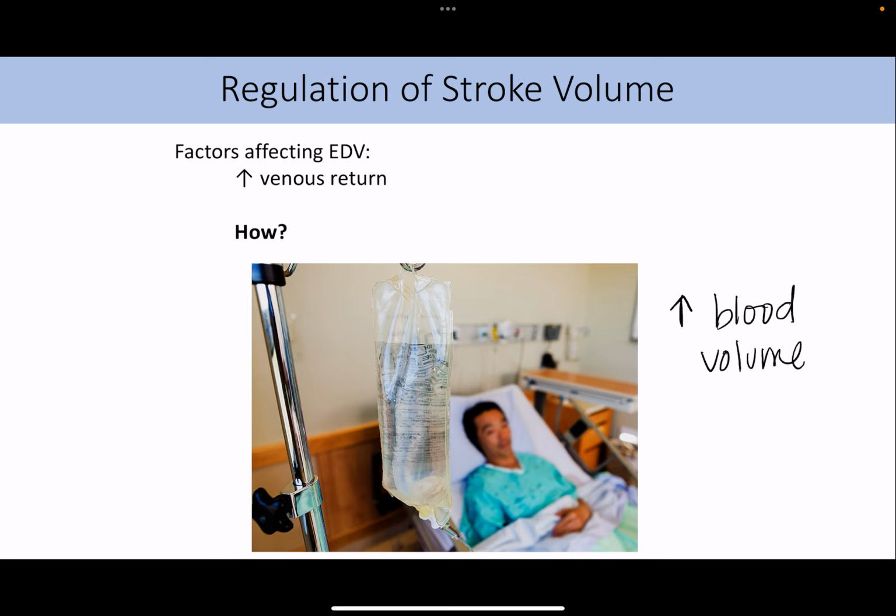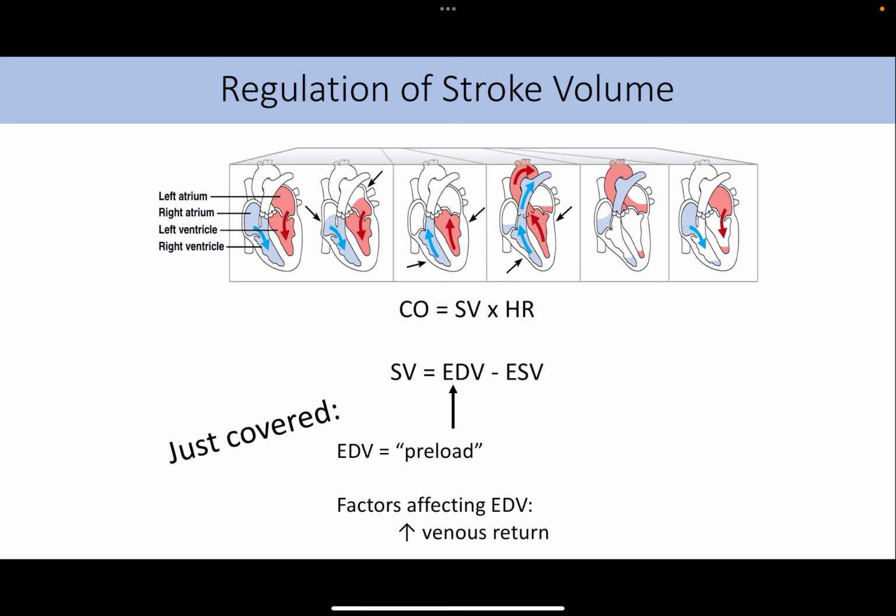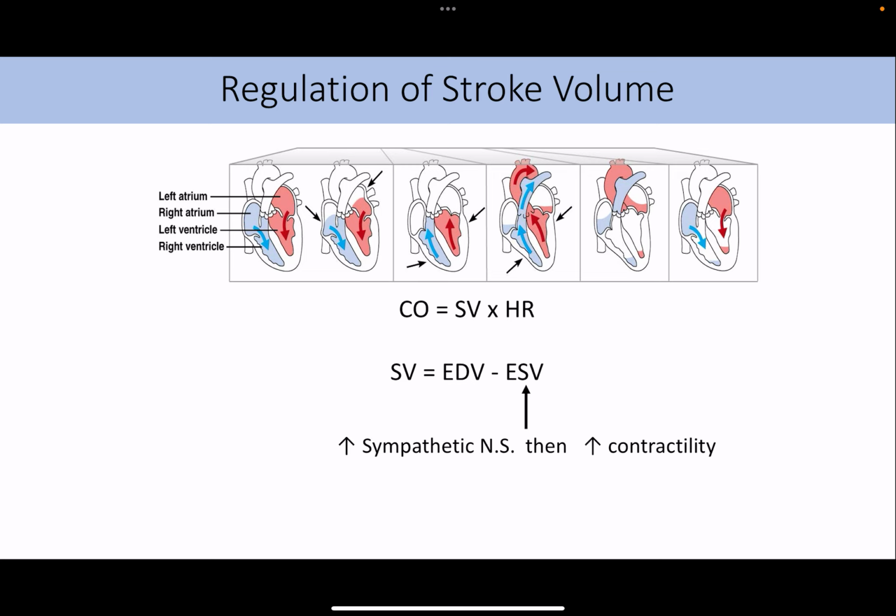So we just covered preload and factors that affect your end diastolic volume, which is the ways that we can increase our venous return. Now we're going to talk about ways to affect our ESV, which is the amount of blood left over. With our sympathetic nervous system, when that's activated, epinephrine and norepinephrine are released onto the ventricles to increase contractility, and you see that here.